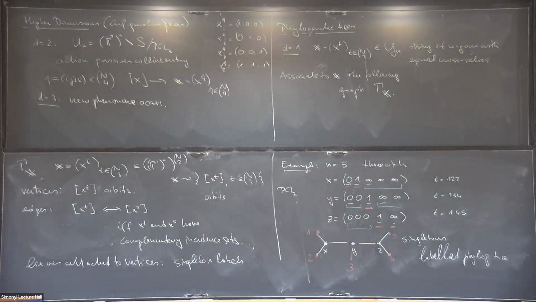Theorem: for d equals 1, gamma x is always an n-labeled phylogenetic tree. And you get all phylogenetic trees.